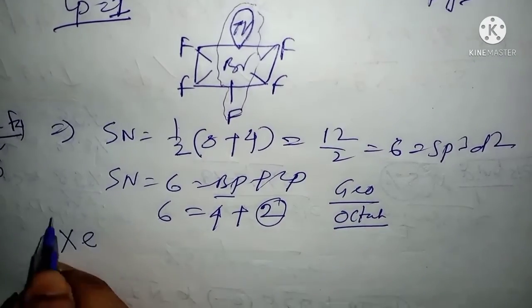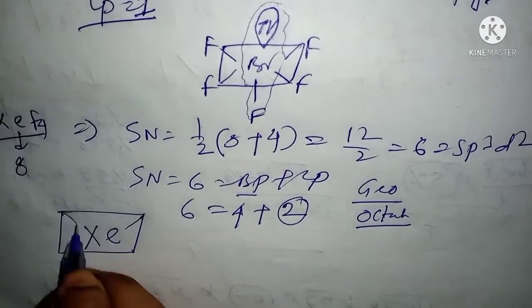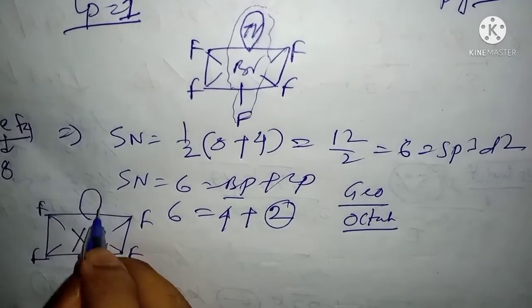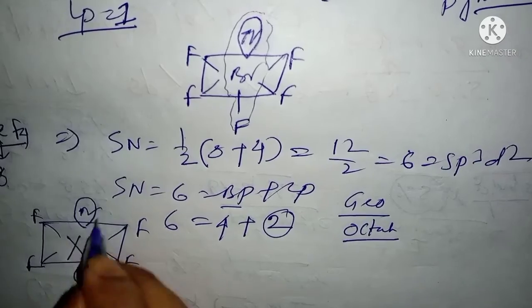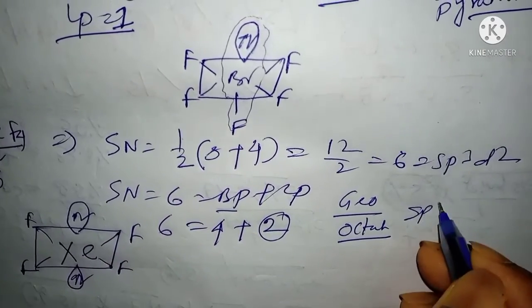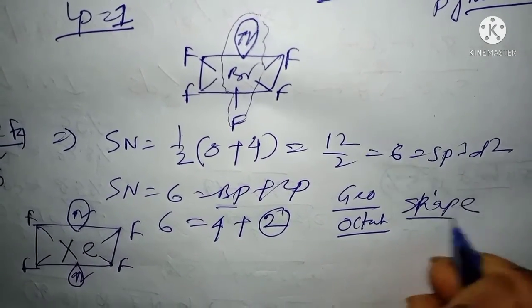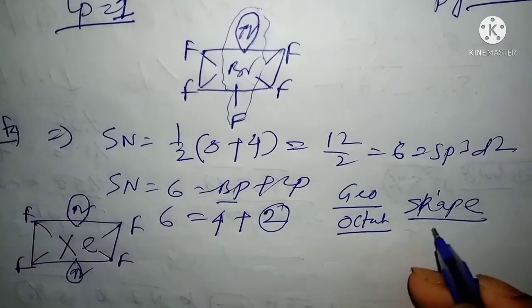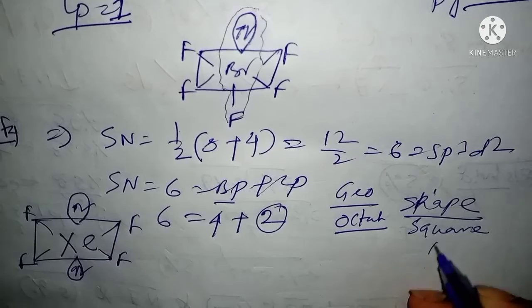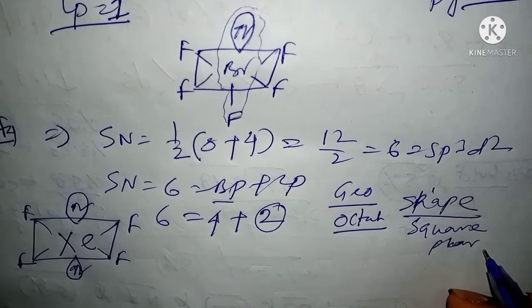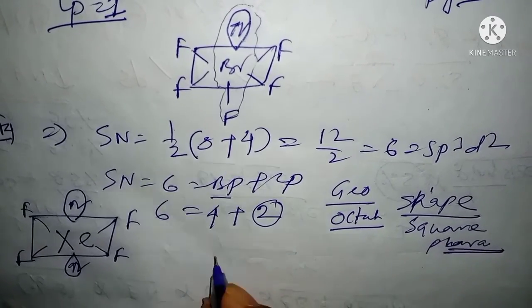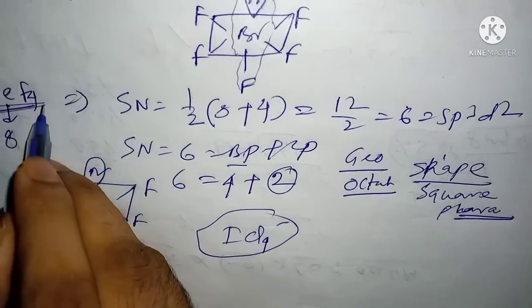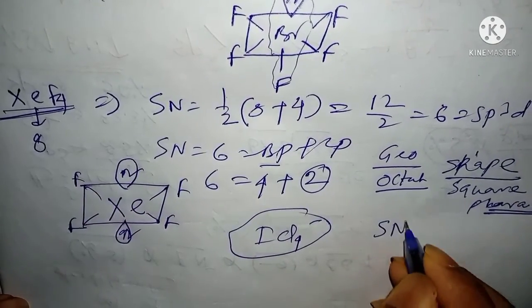So octahedral, first draw F, F, F, F and 2 lone pairs in axial position. So the shape is, these lone pairs are not considered. This is the square planar shape. And another example, ICl4 minus, this is similar to XeF4. So remember this thing. So this is all about steric number equal to 6.